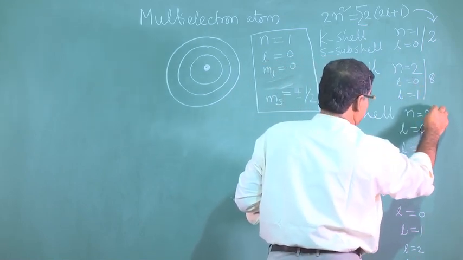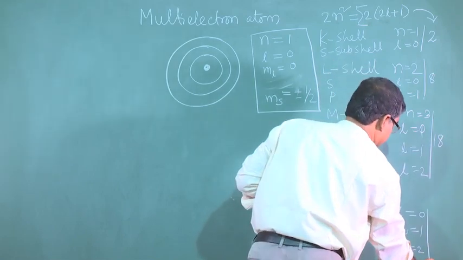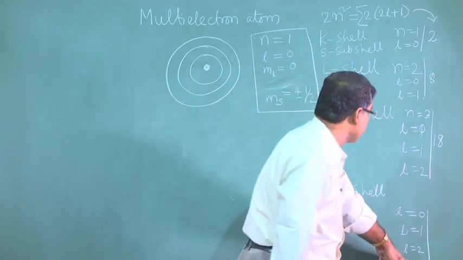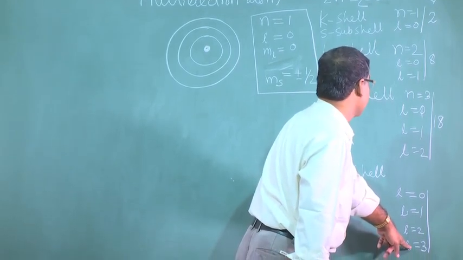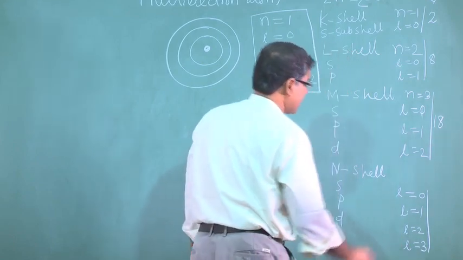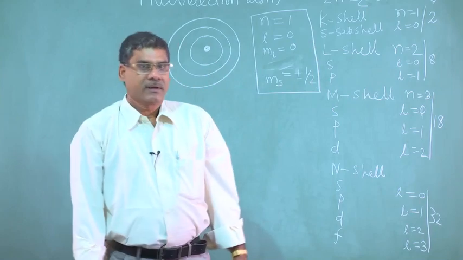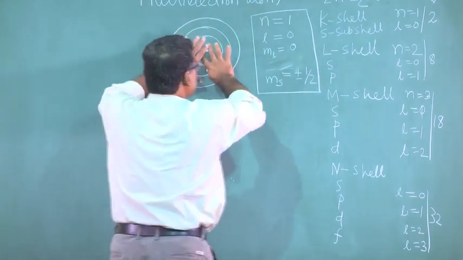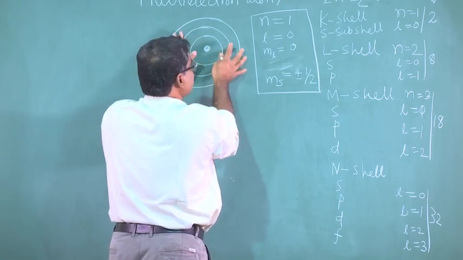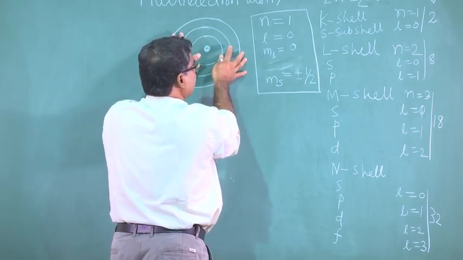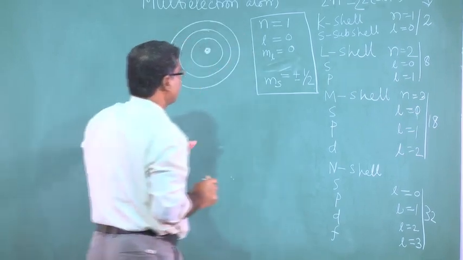The M shell can take 18 electrons. Similarly, the N shell, with L equal to 3 meaning 6, 7, 14 and 18, gives 32 electrons. So this is the atomic structure. It has shells, subshells, and electrons can be put into the structure.